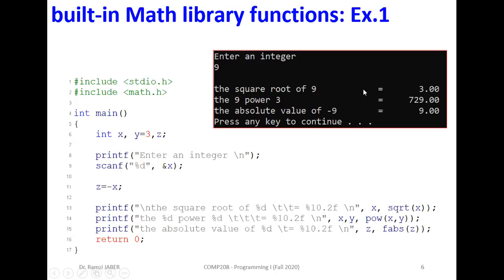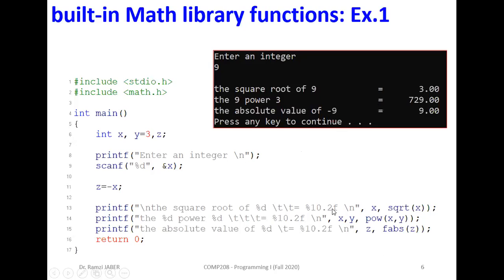So \t is optional. Here it is optional, just for design, to make the equals aligned with each other. Okay, alignment. So we put double \t equal %10.2f. Okay, float number, because the output of built-in functions is always a float.